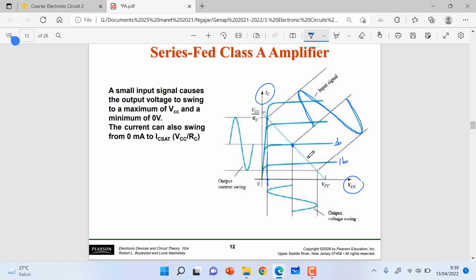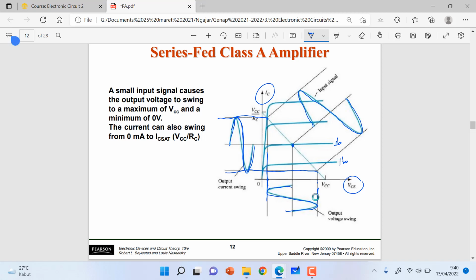Output current swing here. The first one is the threshold, the cutoff point, and then this is the maximum point. We can draw the output current swing here, and this is the output voltage swing from the threshold to the maximum load line.